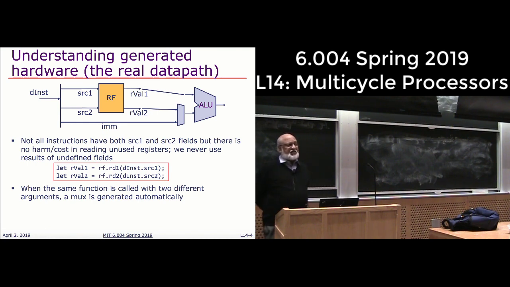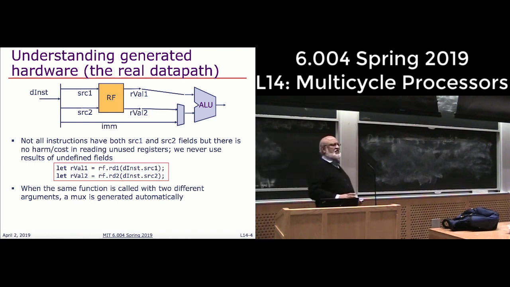Sometimes you use the immediate value coming out of the instruction, and sometimes you use the value you read from the register. So we don't write down these muxes in our code explicitly, but they will always be generated. Right? So if you are writing into anything from two different places, it's certain that there is a mux somewhere, which will choose the right one to be going into it.